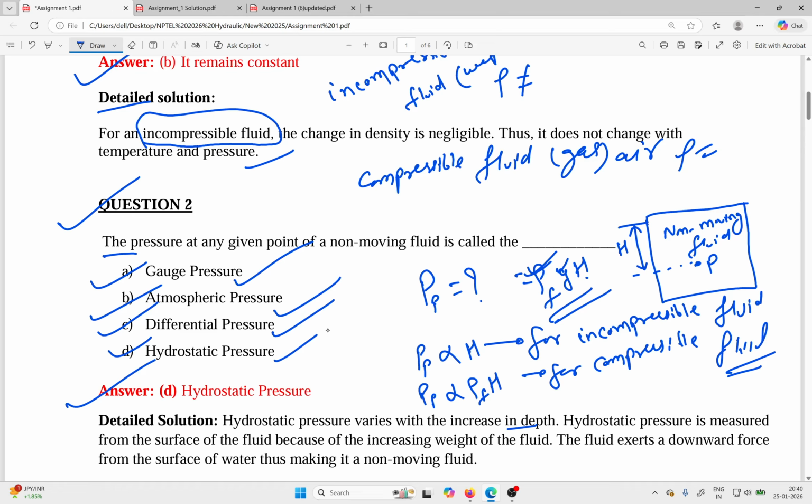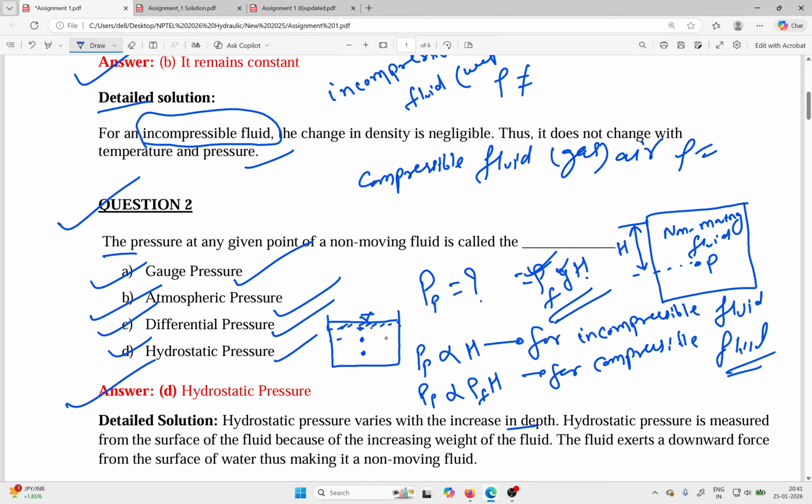Let us assume here you have a tank, and in the tank you have some water. So why do we measure from the top? Because as we come down, let us suppose you are measuring here, the pressure will be whatever water you have above it.